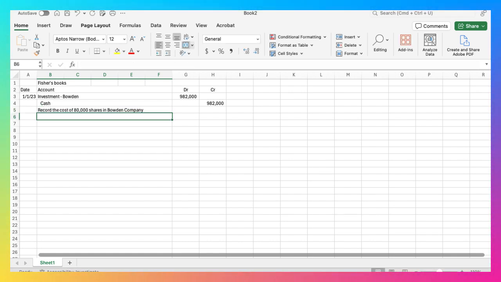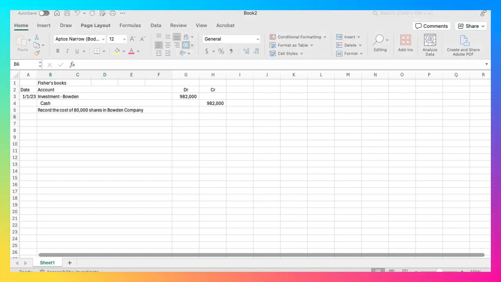Now, what happens next? They tell us that Bowdoin declares and pays a $100,000 cash dividend to its stockholders each year on September 15th.